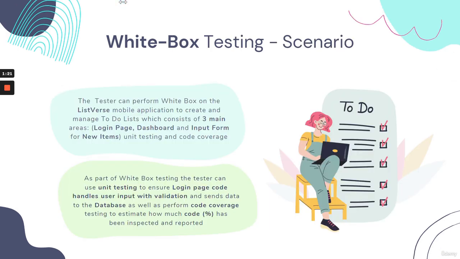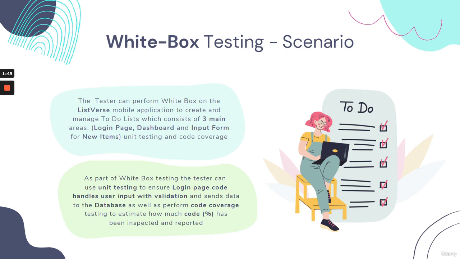Let's look at an example scenario of white box testing. The tester wants to perform white box testing on the list-first mobile application to create and manage to-do lists, which, as discussed before, consists of three main areas of functionality: the login page, user dashboard, and user input form for new items.